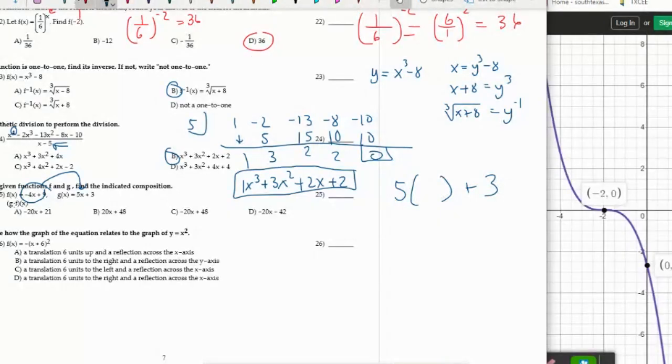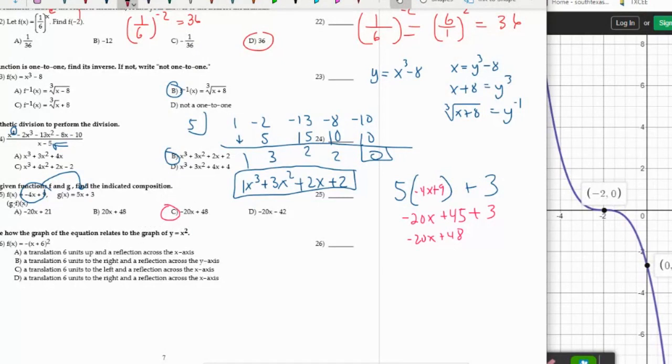And what we're going to do now is plug in our f, -4x plus 9. So this becomes -20x plus 45 plus 3, which is -20x plus 48. And that's it. Ain't nothing to do.